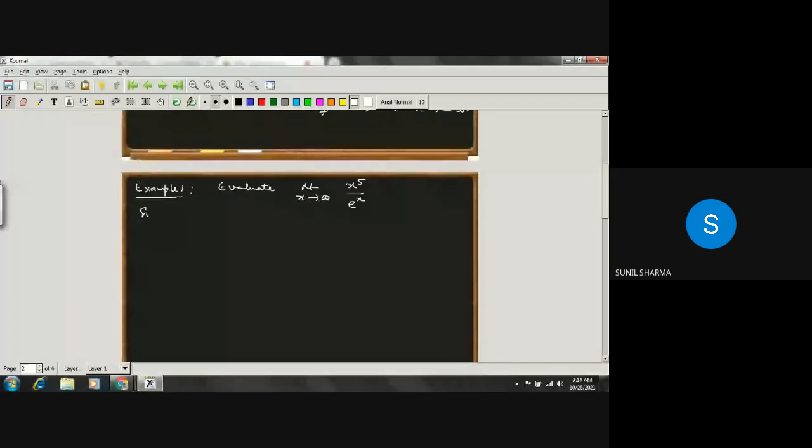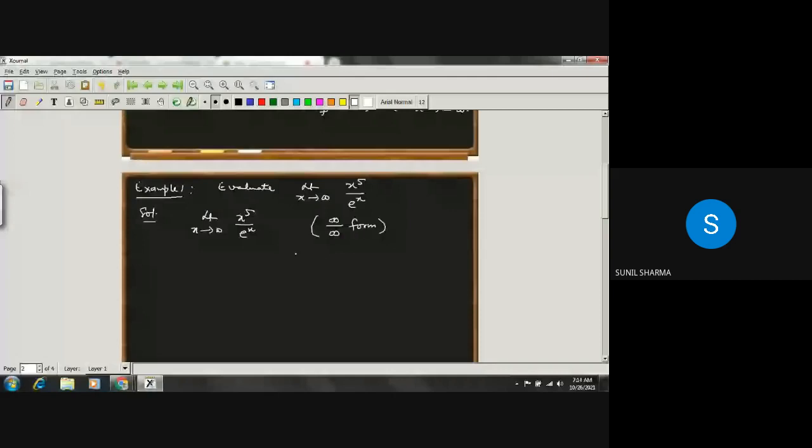Limit x goes to infinity, x to the power 5 upon e to the power x. When we put x equal to infinity, e to the x in numerator and denominator, it is in the form of infinite by infinite.